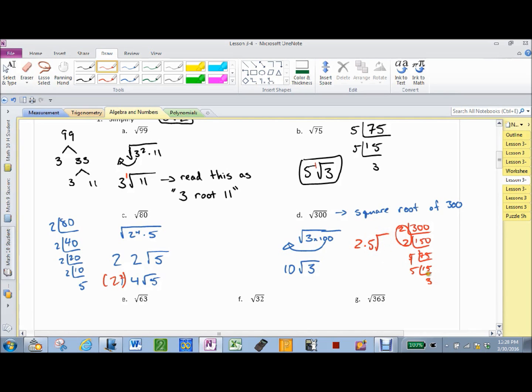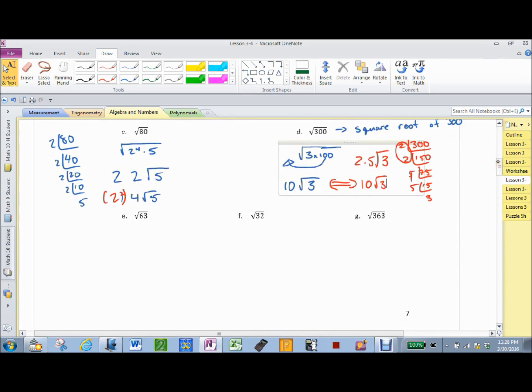And what did we leave under there? 3. What's 2 times 5? 10 root 3. And see how they're the same thing. Is everybody cool? So if you know the perfect squares, you can stop anytime you get to a perfect square. Understand?